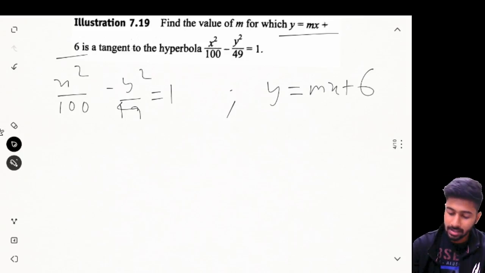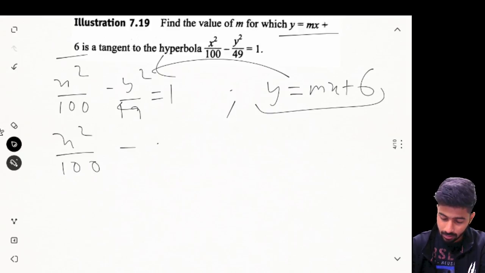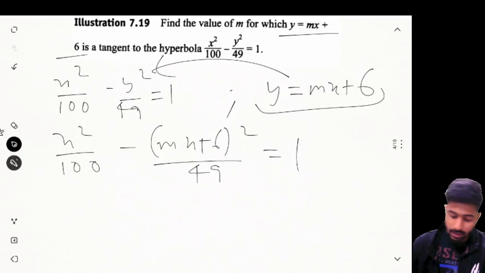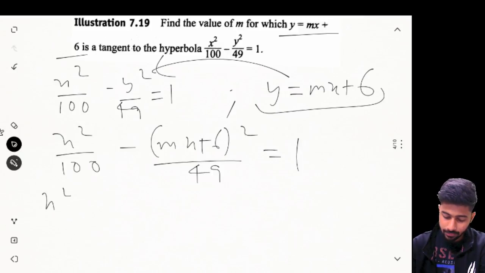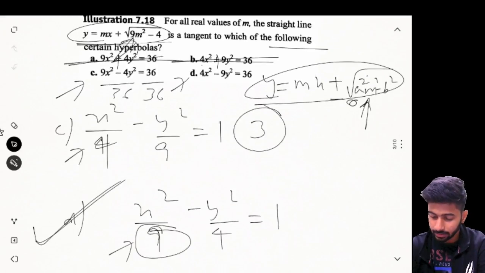So first, you put this y is equal to mx plus c in this equation. Collect coefficients of x square, coefficients of x, and your constant. Form a quadratic.